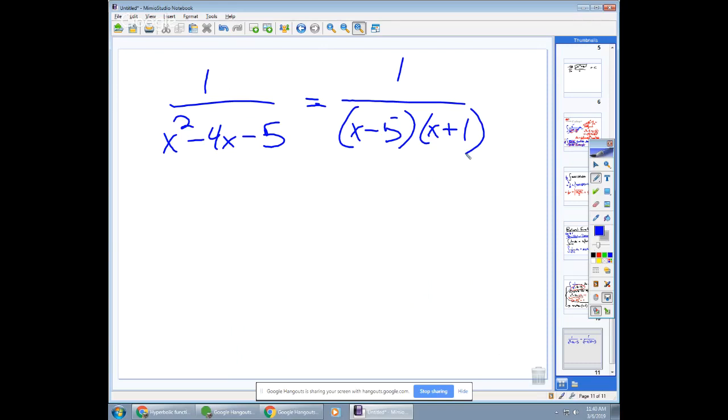All right, so my claim is that this thing can be rewritten as some number over x minus 5 plus some other number over x plus 1.